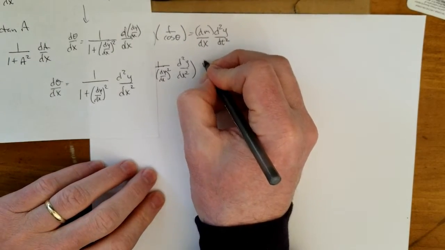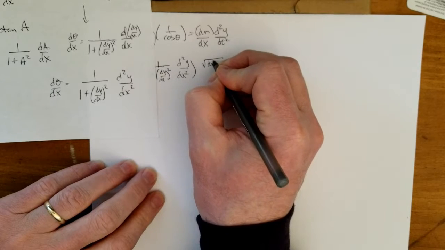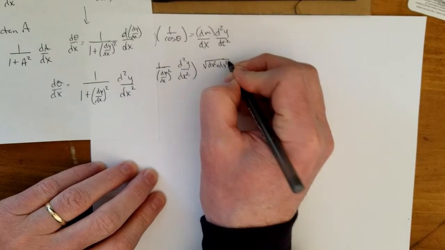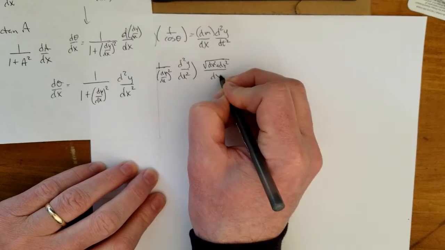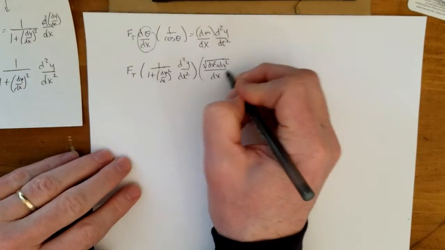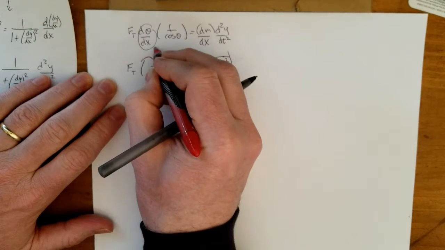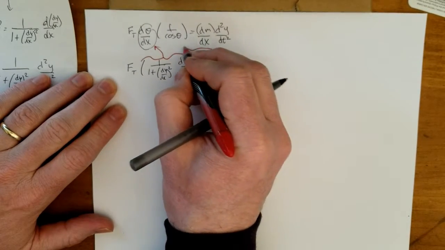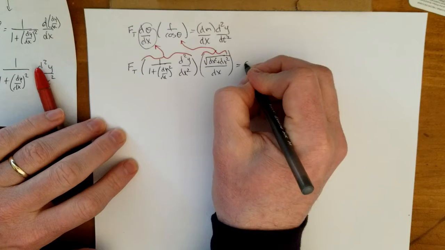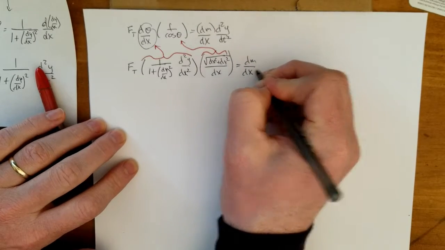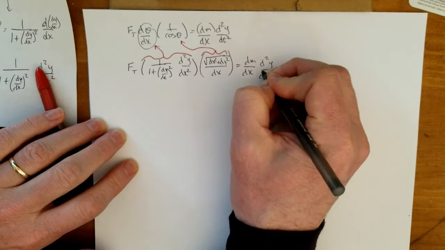So that is the square root of dx squared plus dy squared over dx. So in case you missed it, this right here is that, and this right here is that. And that's equal to dm over dx, d squared y dt squared.